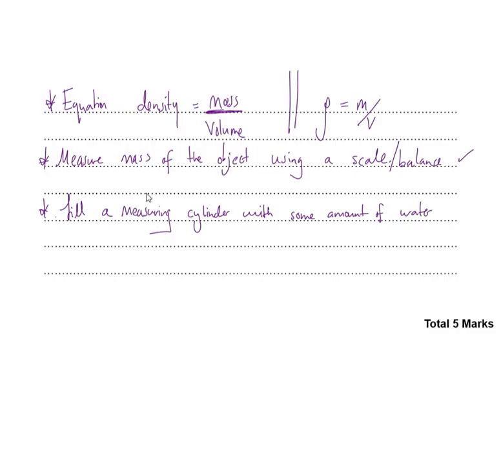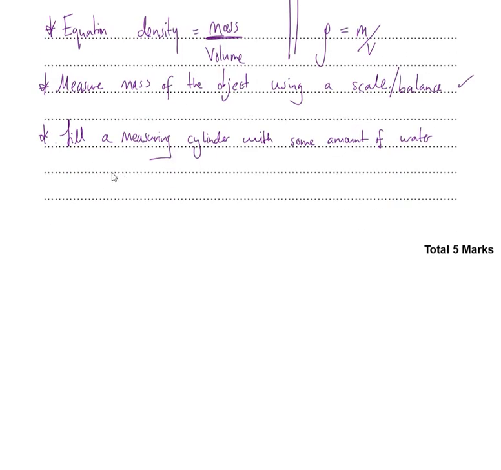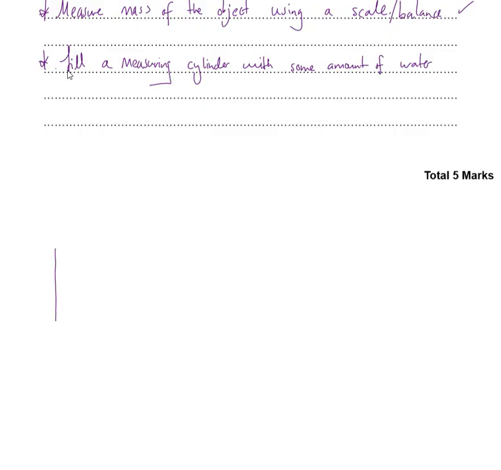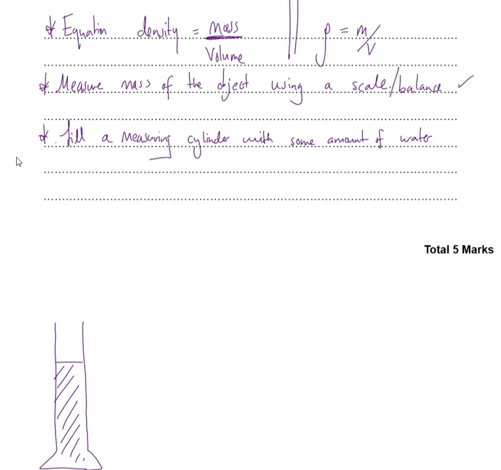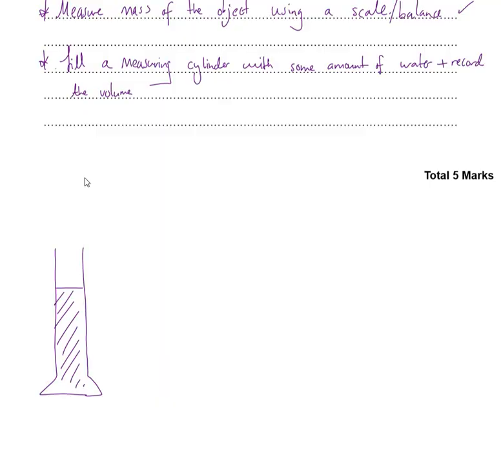So we take a measuring cylinder. Let me just draw it here. Here's my measuring cylinder, and I pour some water in it. So this is my water. Plus record the volume. So now I'm filling the measuring cylinder with some amount of water and recording the volume.